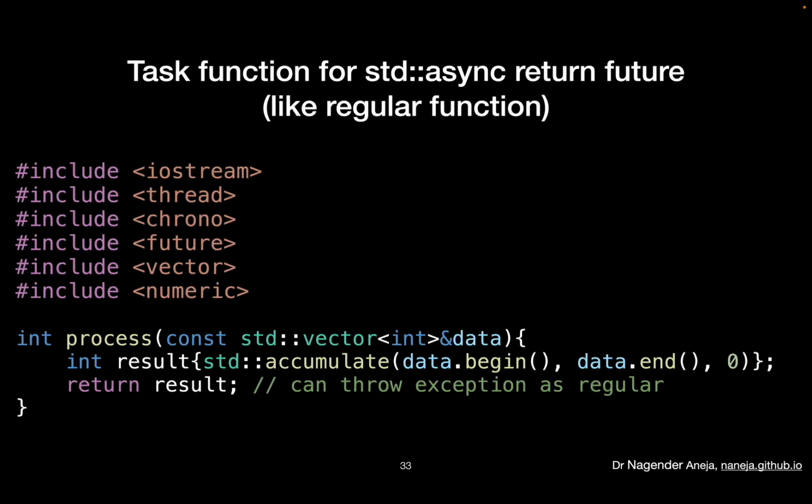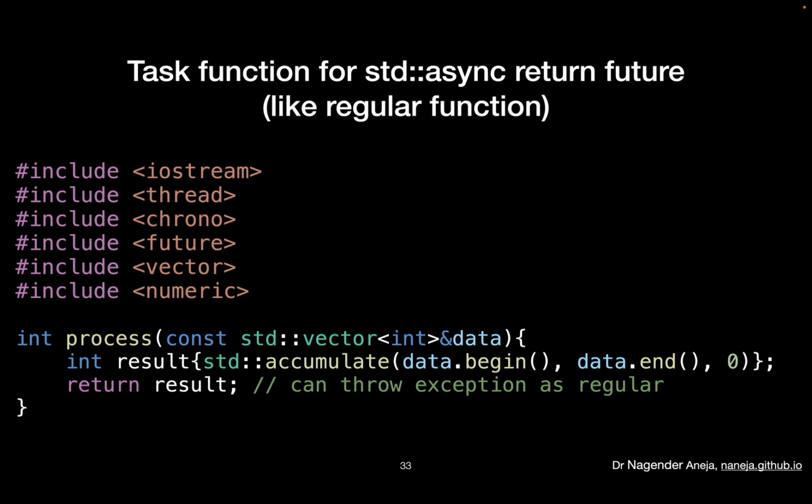Okay, so now we are not going to create threads, but rather a task. That's a high-level task using std::async, which returns the future. As you will see here, this is our process function. It receives the data, which is the data chunk of five numbers, and it uses accumulate from begin to end, starting from 0. The default is summation, and we return the result. It can throw an exception also.